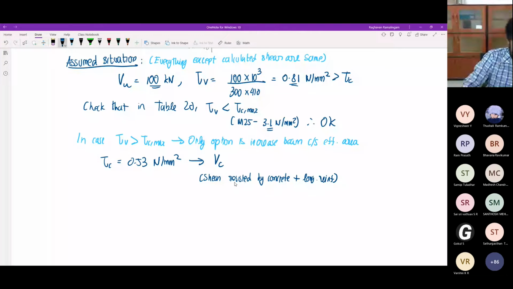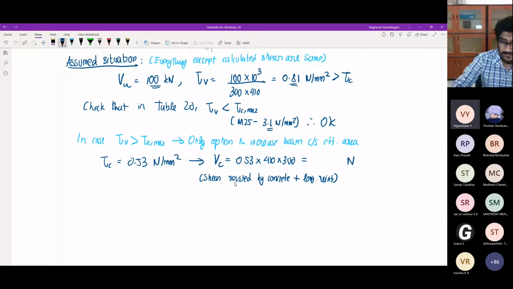How many newtons is this? 65,190. We had got 65 kilonewtons, okay, 65.2 kilonewtons.